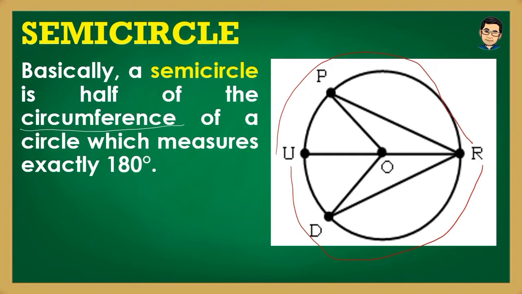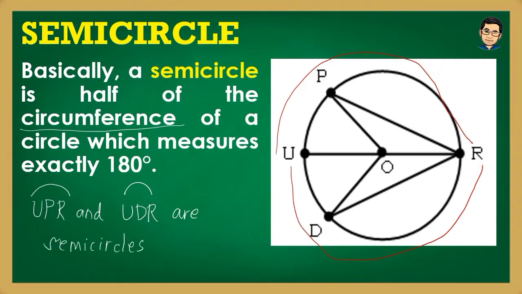So, ano yung symbol na ginagamit natin sa semicircle? Pag ninename natin, of course, yung symbol for arc. So, arc UPR and arc UDR are semicircles. UPR or RPU, pareho lang. UDR or RDU, pareho lang din.